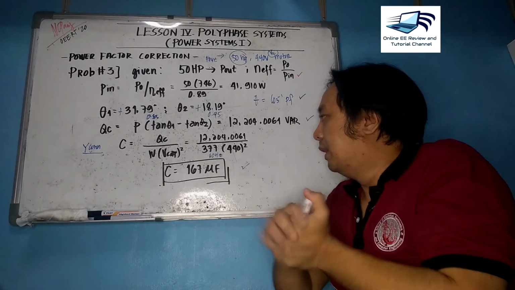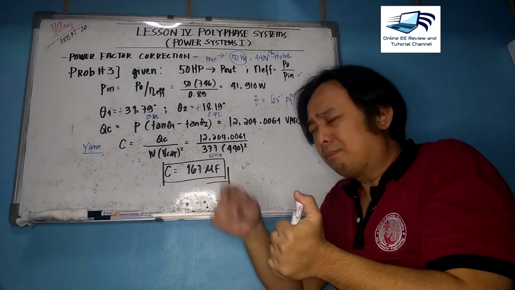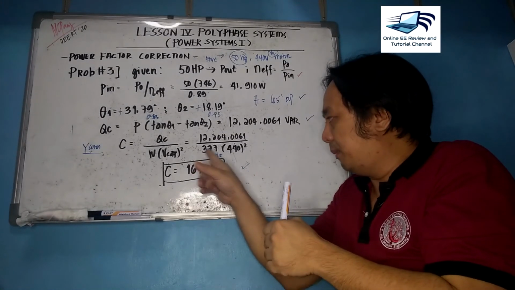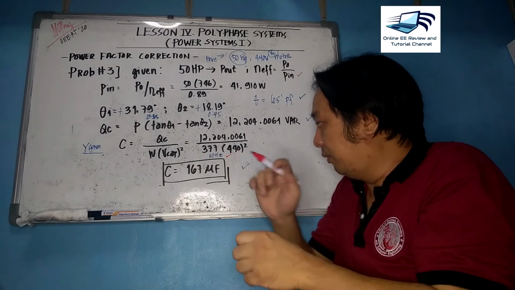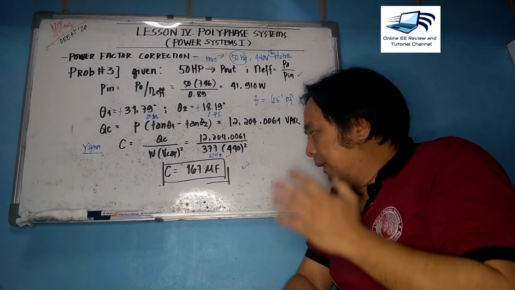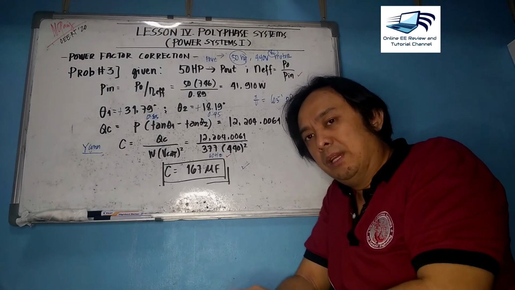So therefore, you have 12,204.0061 all over 377 times 440 squared. And please take note, the 377 here is from the 60 Hertz frequency. And computing the value of the capacitor in microfarad, the answer is 167 microfarad.